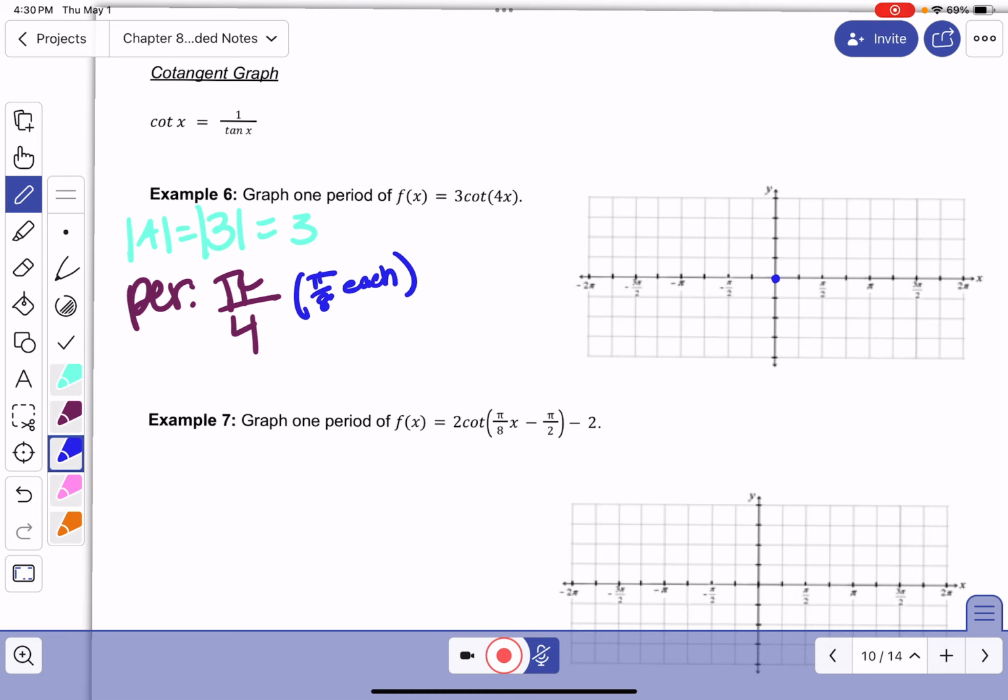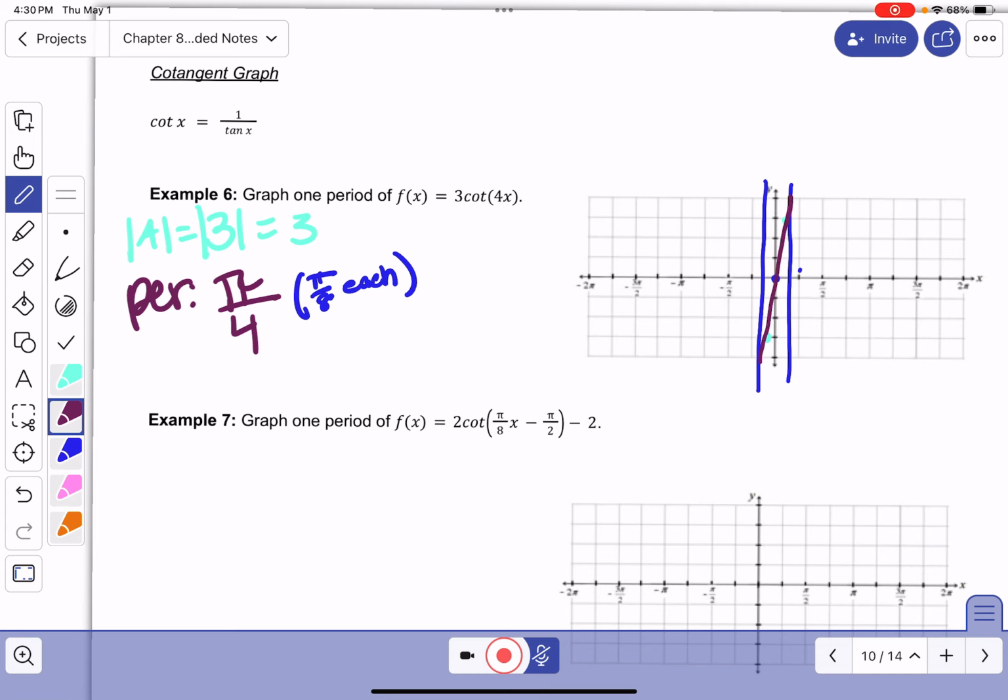So pi divided by 4 would be the whole period. So it's like half of that. So it's going to be in between these two tiny little things. And then halfway between there, we're going to go up 3. Halfway between there, we're going to go down 3. And then we would connect it.